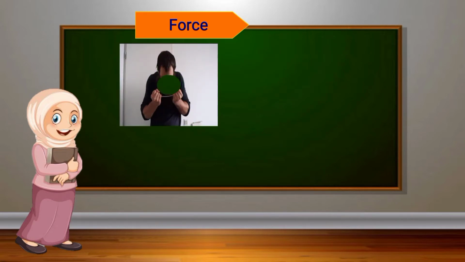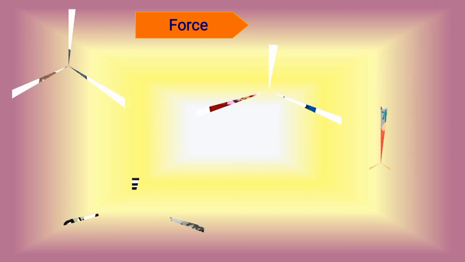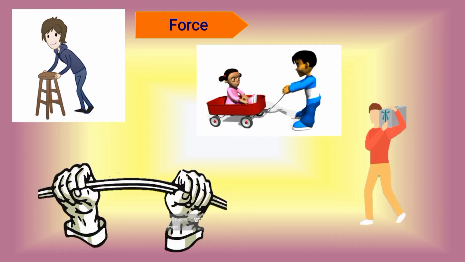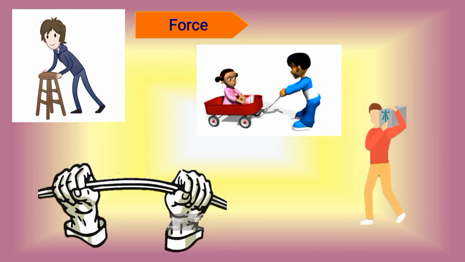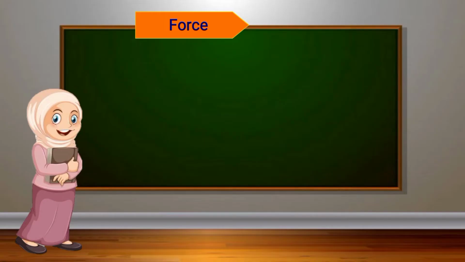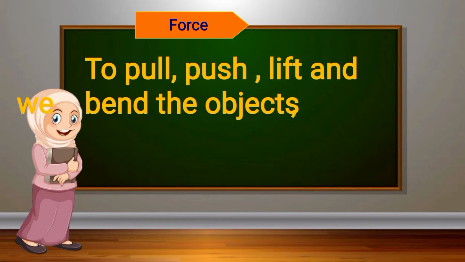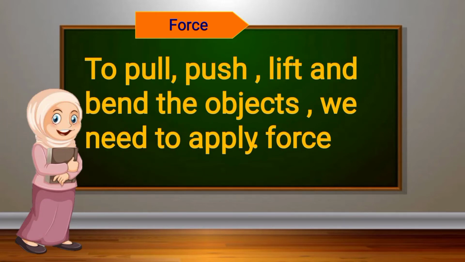Now in this picture, a man is trying to bend a rod, and here again a man lifts the load on his back. So here are some more examples related to push, pull, bend and lifting a load. So my dear students, to pull, push, lift or bend an object, we need to apply force.